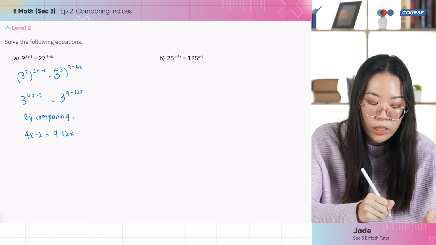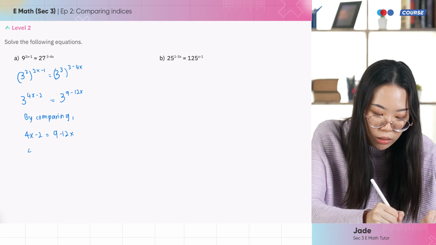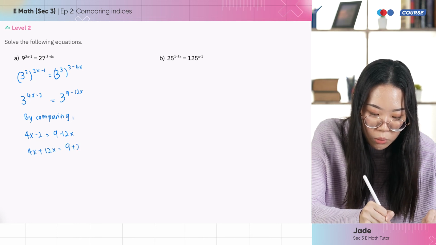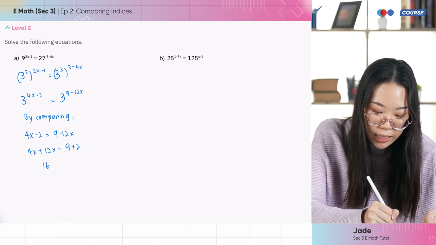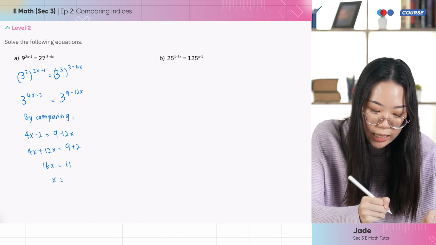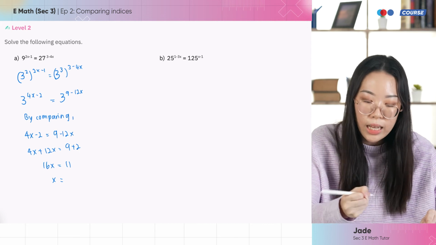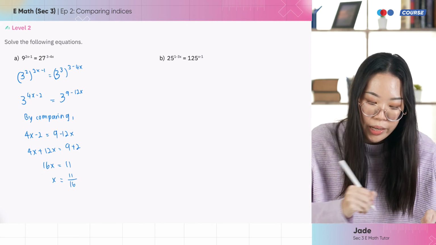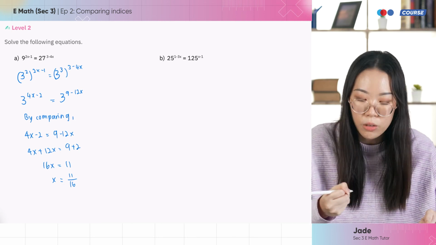You can rearrange and shift all the x on one side. So 4x plus 12x equals 9 plus 2. This gives us 16x equals 11. Lastly, to find the value of x, we can divide by 16 on both sides. So we have it, x equals 11 over 16.